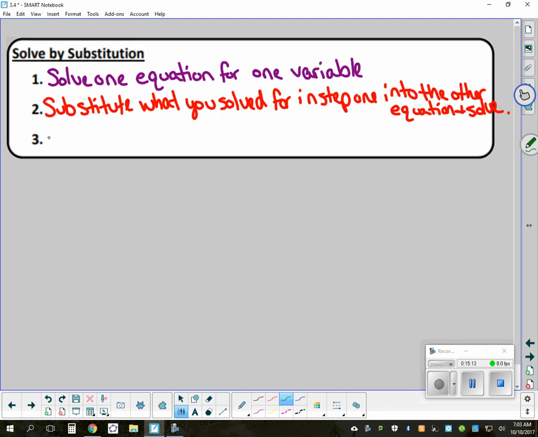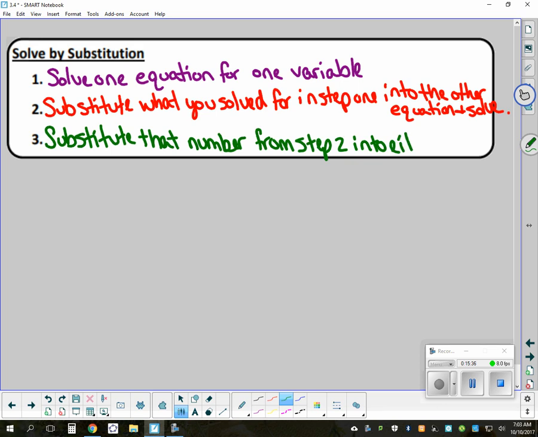And then step 3, substitute. Here's another substitute. Substitute that number that you found from step 2 into either equation and solve again.